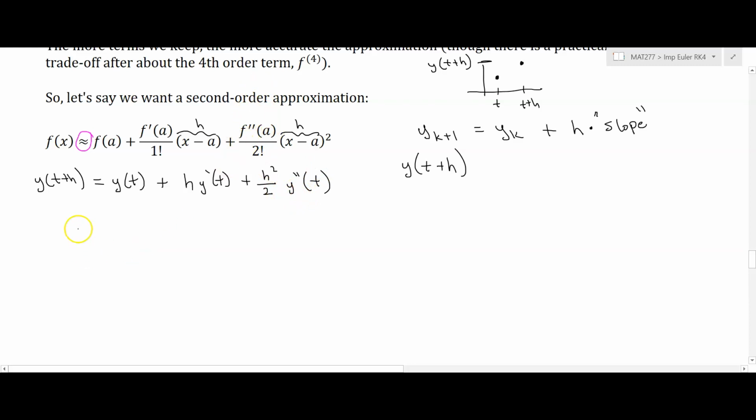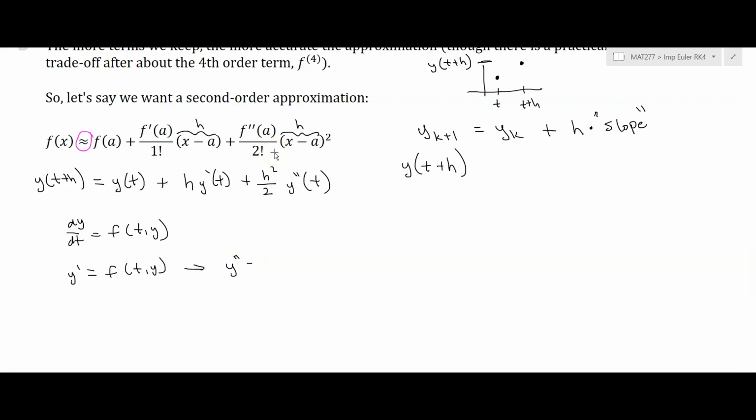Now, recall that one thing that we wrote is that dy dt is a function of both t and y. So in order to compute its second derivative, or we could say y prime equals f of t, y, its second derivative will be, we've got to use the chain rule here.